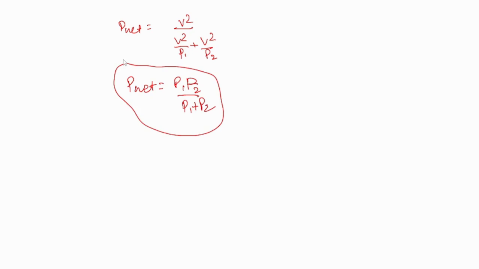Okay. Now you know that in series combination current is the same all throughout.